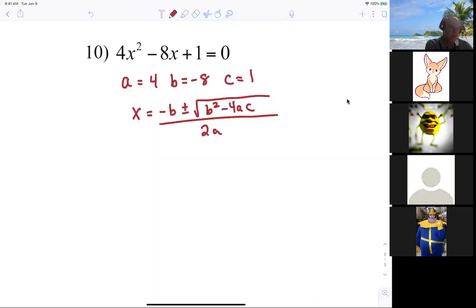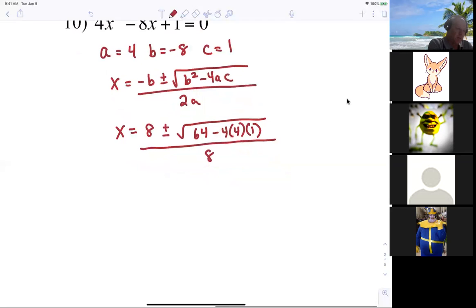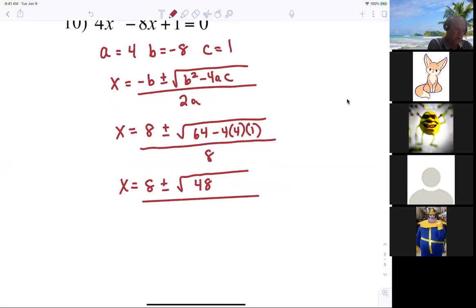Then what we're going to do is x equals negative 8, which is positive 8, plus or minus b squared is 64 minus 4 times 1 all over 2 times 4, which is 8. Okay, so now x equals 8 plus or minus square root 64 minus 16, 48 over 8.